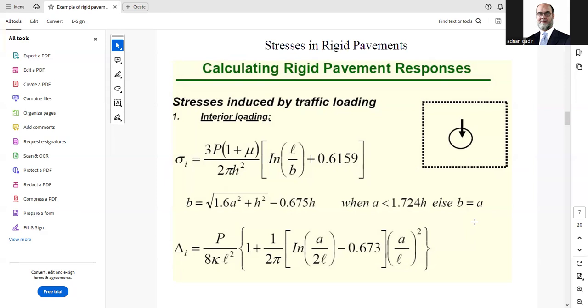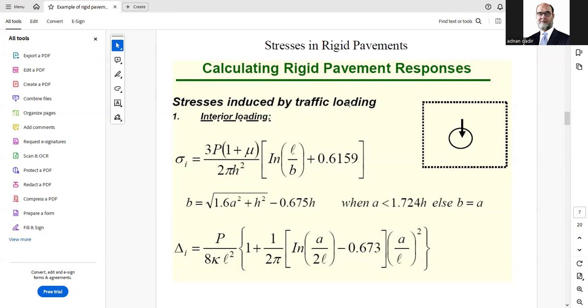Again, we have different places, different configurations where we want to find the stress. The first one is where we think that the wheel is at the center of the slab. And for that, we have the relations.